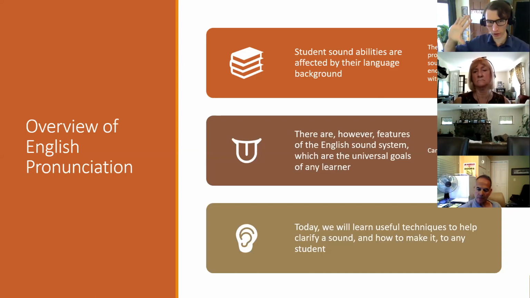And then there'll be a sound which they've never made before in their life, and they can't even hear it, which is kind of interesting. So apparently you build a neurological sense of sound, and that's a challenge when you're trying to teach a new sound. However, we're just going to talk about the universal features of the English sound system.